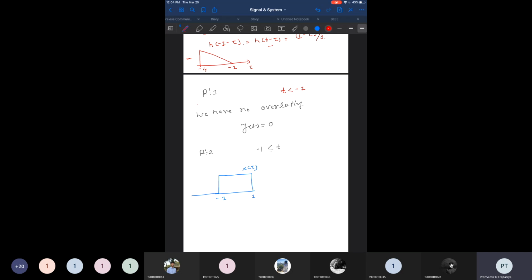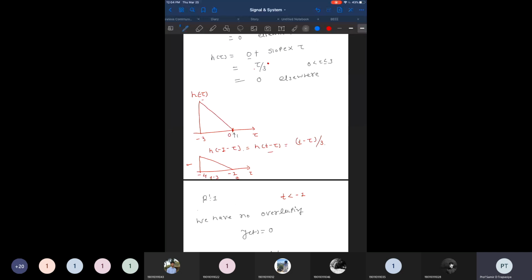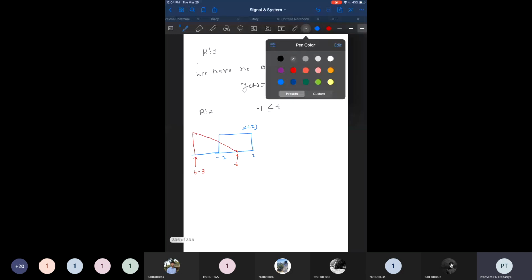And here the other signal starts from here, and this is the point t. This is the point t, and this is the point t minus 3. This point is t minus 3 because the actual signal here has this point at t, and this is 3 points later, so it is t minus 3. The same we are reflecting over here, this is t and t minus 3. So the overlapping region can be like this.